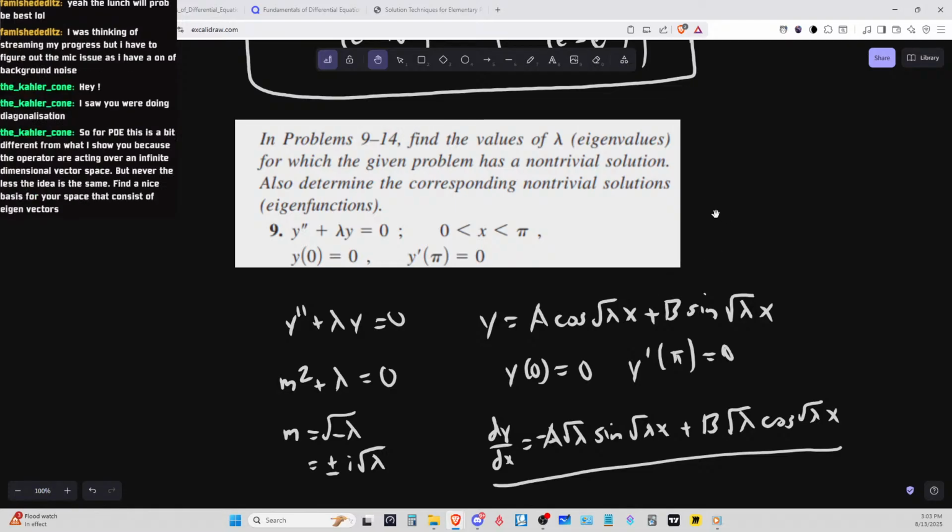For PDEs, this is a bit different from what I showed you because the operators are acting over an infinite dimensional vector space. But nevertheless, the idea is the same. Find a nice basis for your space that consists of the eigenvectors. Okay.